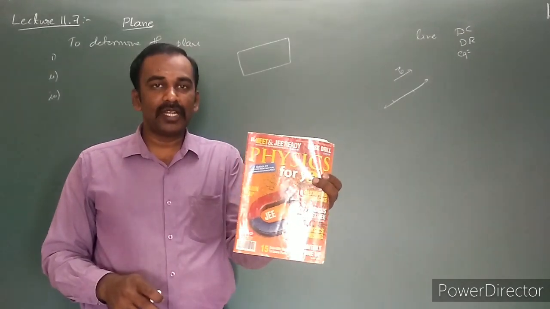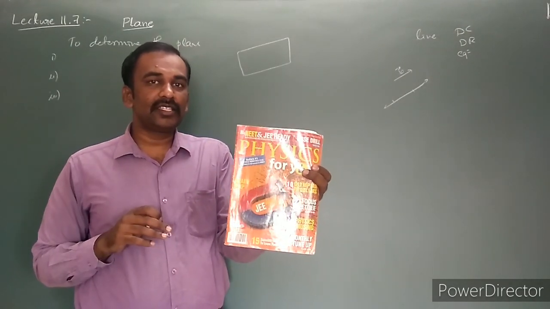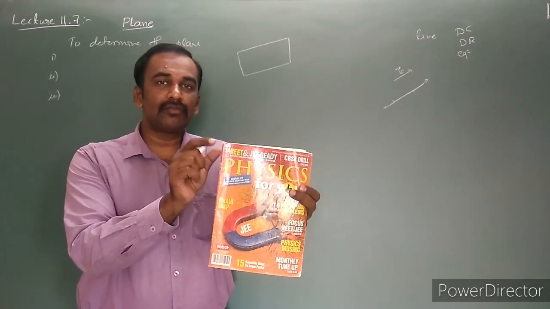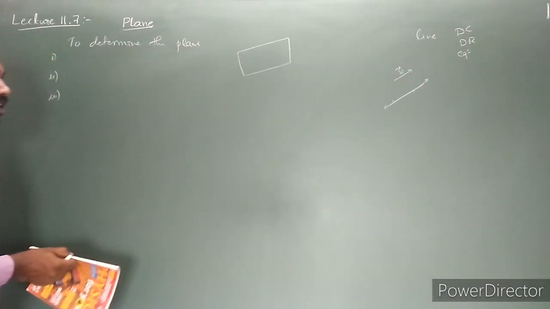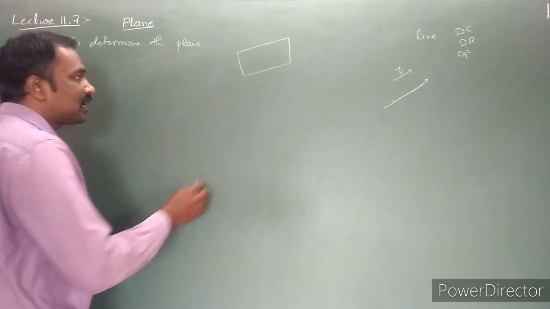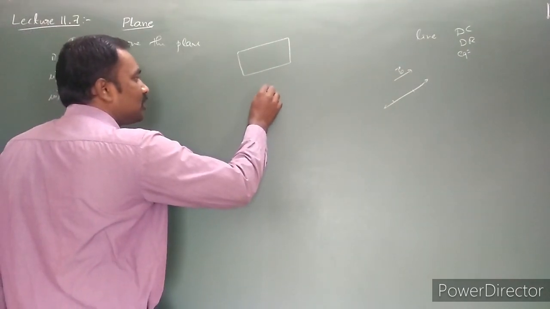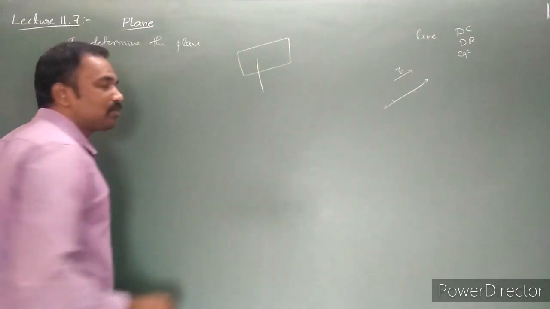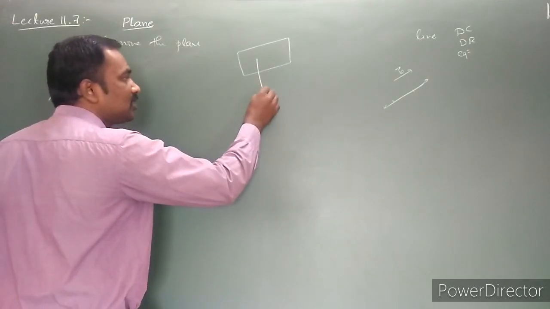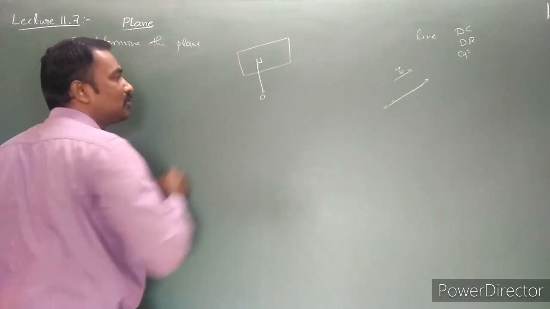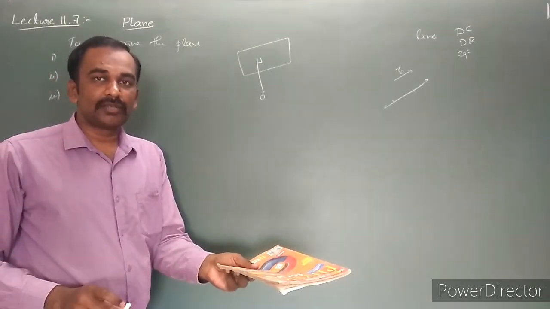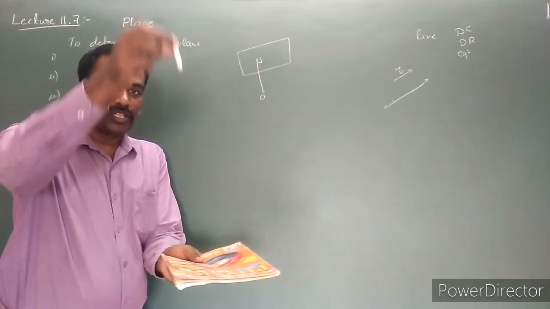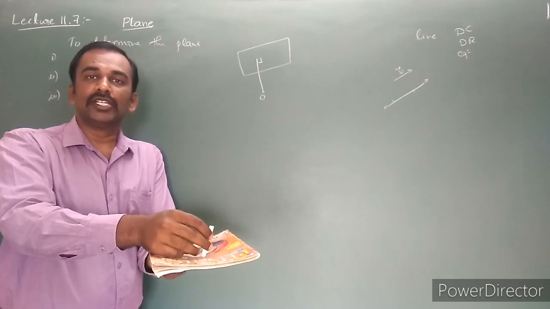Then suppose this is a plane in the space. How do we determine this plane? To determine it, there are three conditions. A normal is drawn from the origin to the plane. Normal is nothing but perpendicular. For this plane, I draw a normal from the origin.